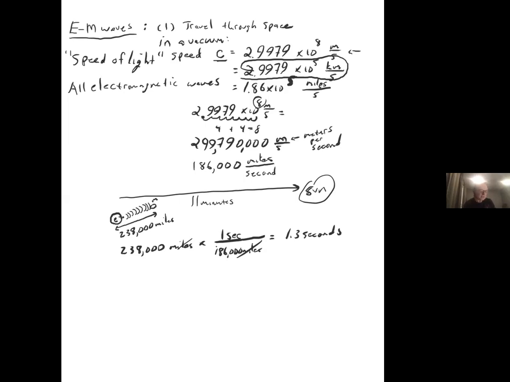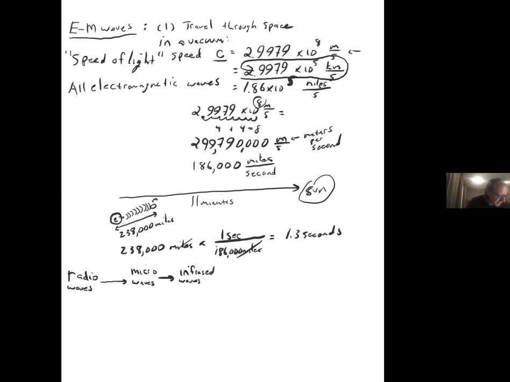So I'm going to make a list. I made it already, but I'm going to give you a list of electromagnetic waves. And I'm going to start on the left side here. I'm going to start with radio waves. And then I'm going to go in a particular direction, and we'll talk about the direction that I'm moving a little bit later. These are called microwaves. Infrared.